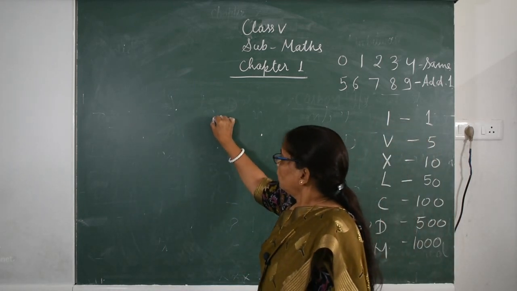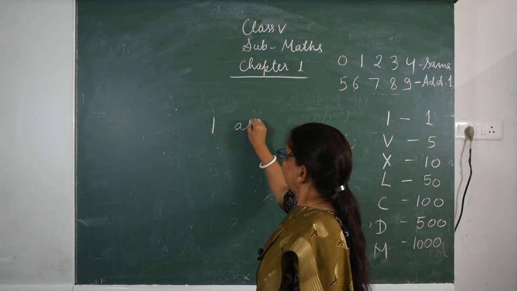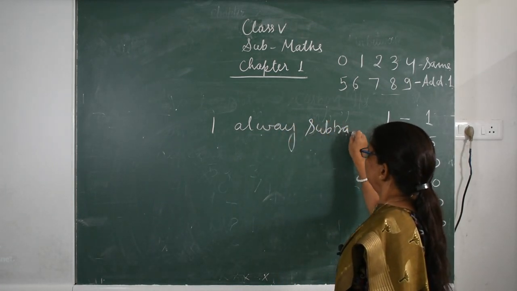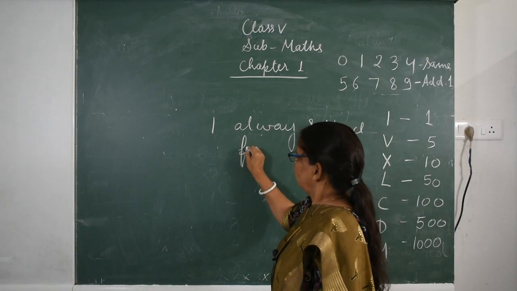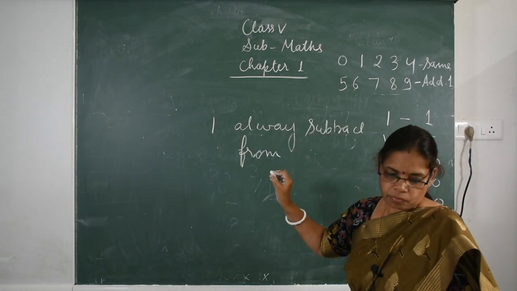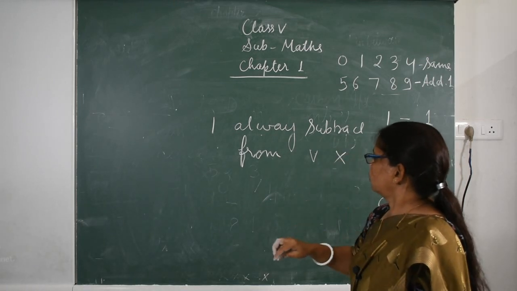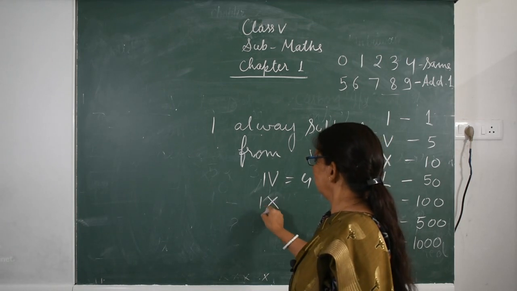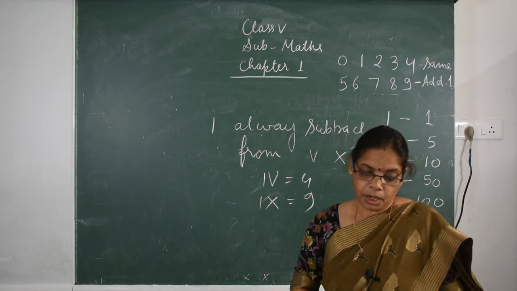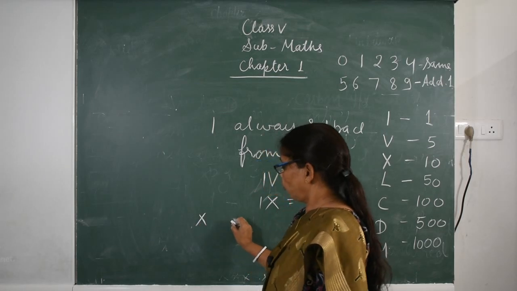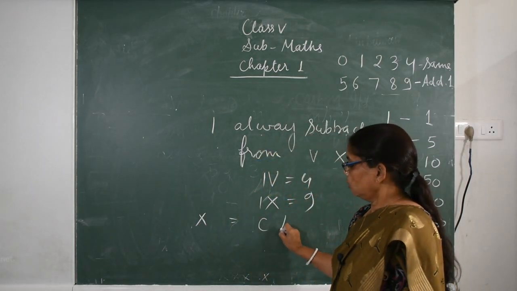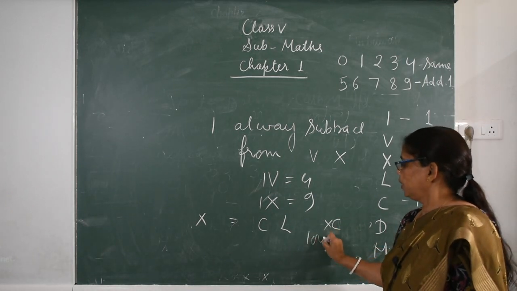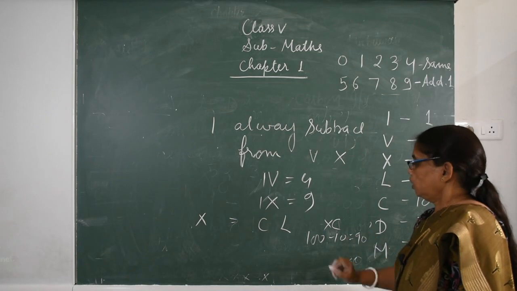And always remember, I always subtracts from V and X. For example, this stands for 4, this stands for 9. And X subtracts from C and L. For example, this stands for 100 minus 10, equal to 90.